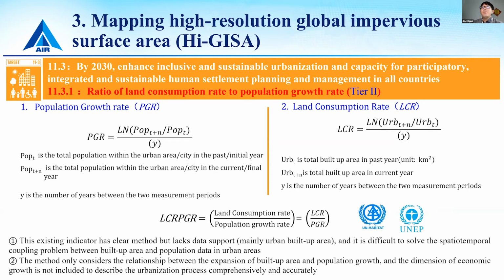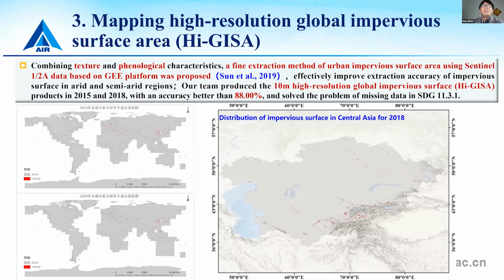In fact, this methodology was proposed by UN Habitat and UNEP. It's a standard methodology, but all the time it lacks data. Here are some global data in 2015 and 2018.